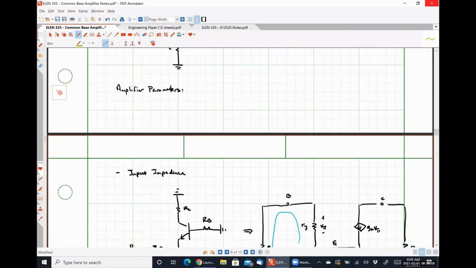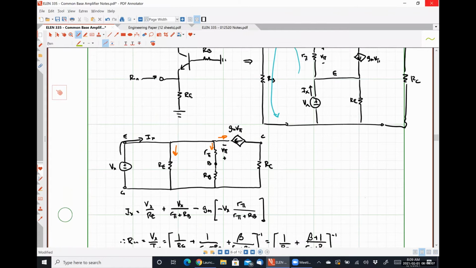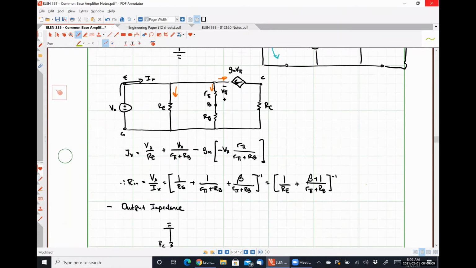So I can see if I look at my input impedance, when RE is an open circuit, 1 over an infinitely large resistance, that term goes away, and I'll simply have the reciprocal of (beta plus 1) over (R pi plus RB).